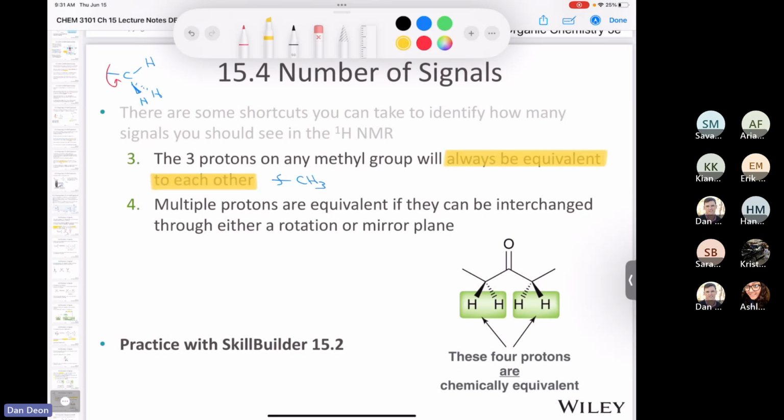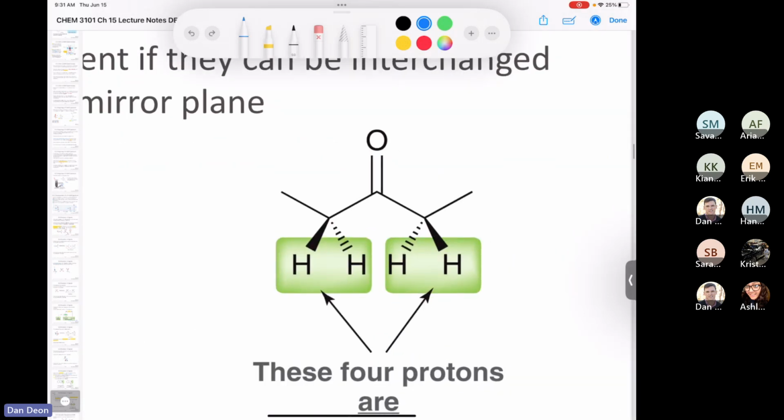Then it says multiple protons on multiple carbons can be equivalent if they can be interchanged through an axis of rotation or a plane of reflection. If you look at this molecule here, this is called 3-pentanone. The name isn't important, but you can clearly see that there is an axis of rotational symmetry going through the molecule if you were to rotate it 180 degrees, and there's also a plane of symmetry all the way through the molecule.